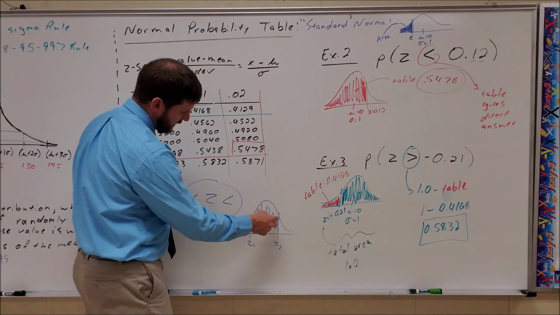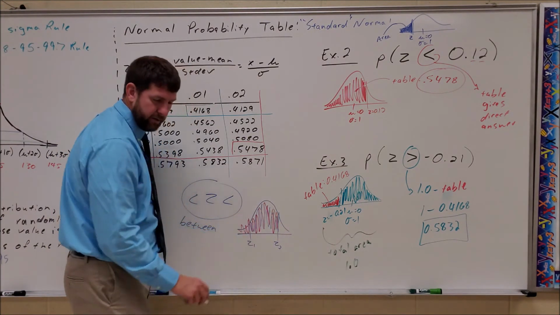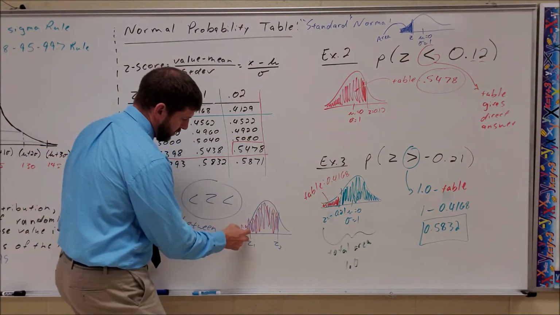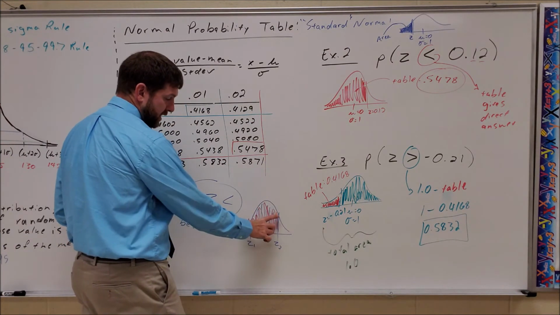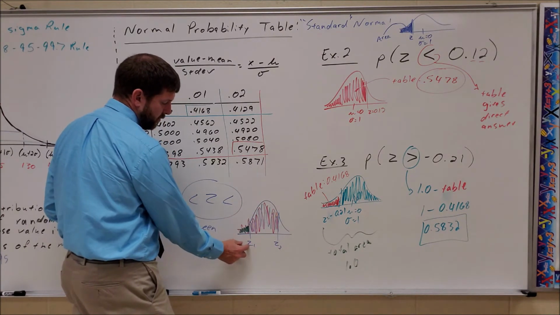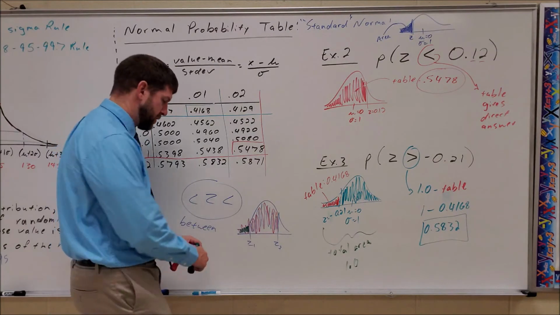Well, we know that if I took this whole area that the table gives me, and this whole area that the table gives me, so I take my area to the left of z2 and my area to the left of z1, and we subtract them, you're left with that portion in the middle.